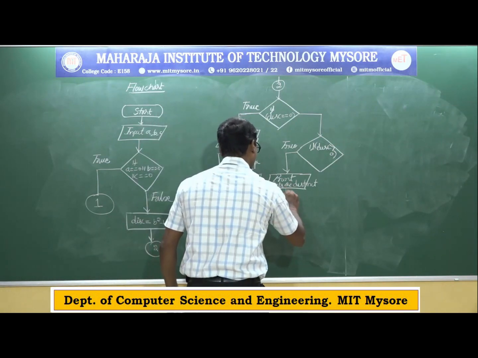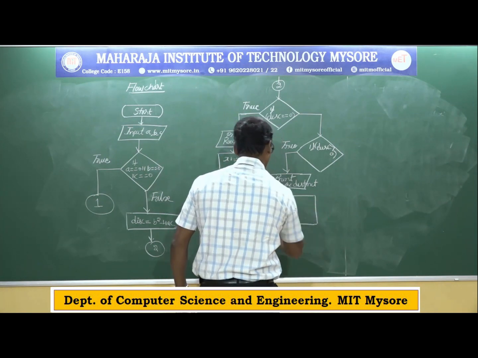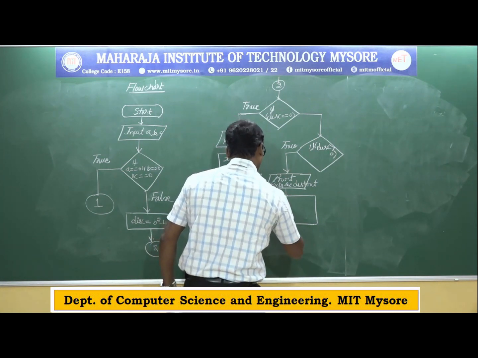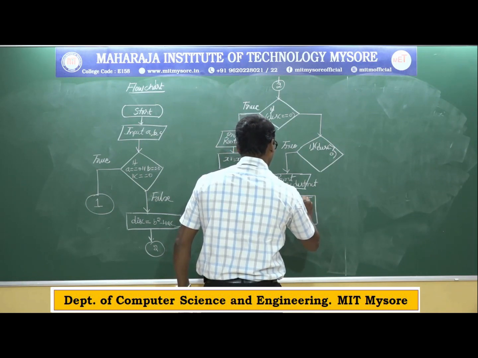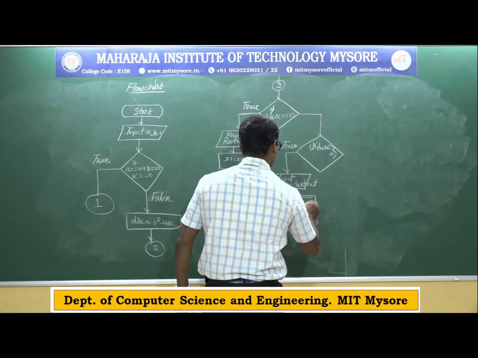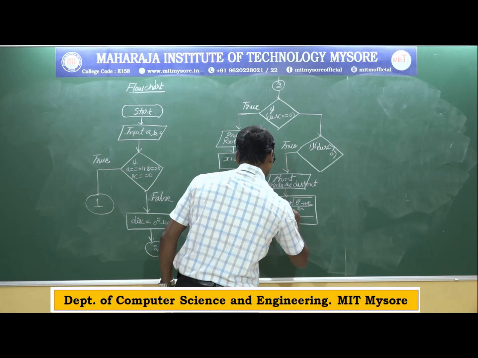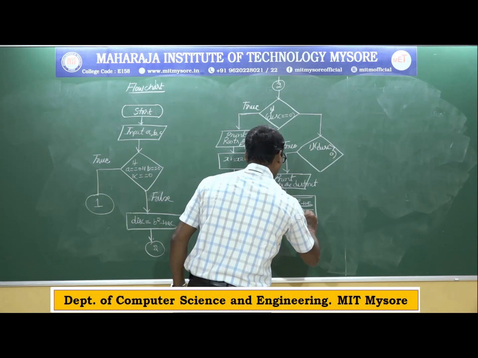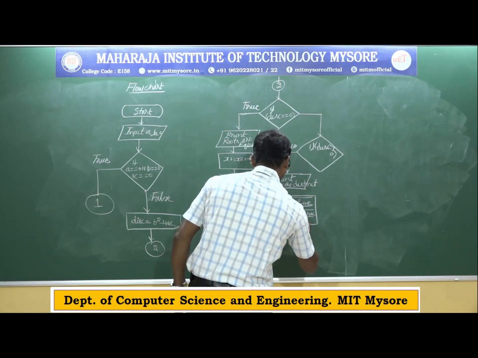So if roots are distinct, then x1 is equal to minus b plus square root of b square minus 4ac divided by 2a. x2 is equal to minus b minus square root of b square minus 4ac divided by 2a.